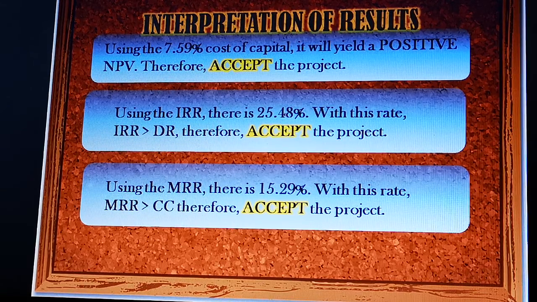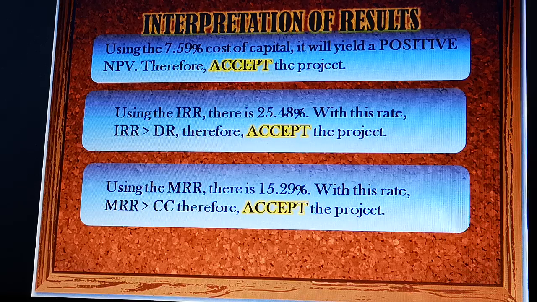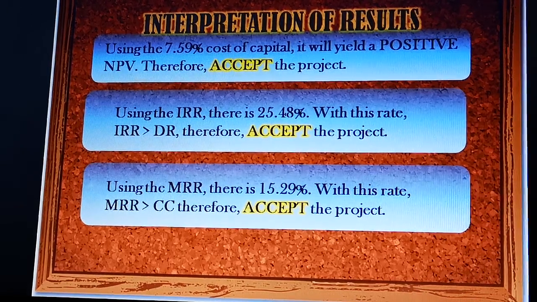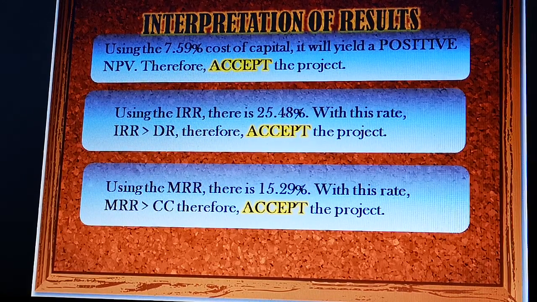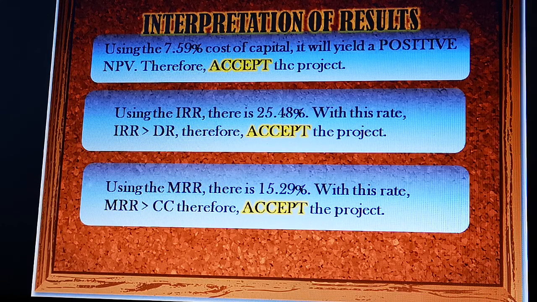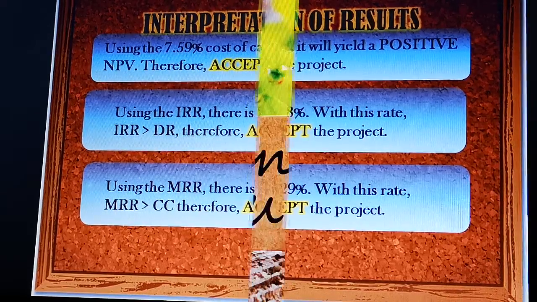With this rate, the modified rate of return is greater than the cost of capital. Therefore, we can accept the project. As an investment rule, if the project's modified internal rate of return is greater than or equal to the project's required rate of return or cost of capital, we should accept the project proposal.